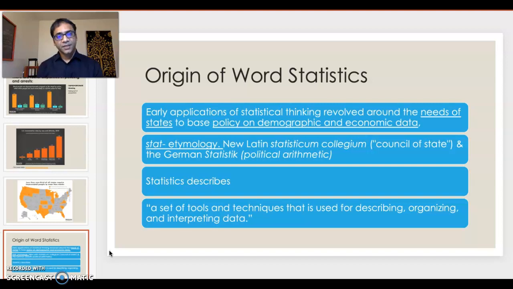The word state etymologically comes from New Latin statisticum collegium, that is, Council of State, and German Statistik, political arithmetic. In other words, statistics describes a set of tools and techniques that is used for describing, organizing, and interpreting data.